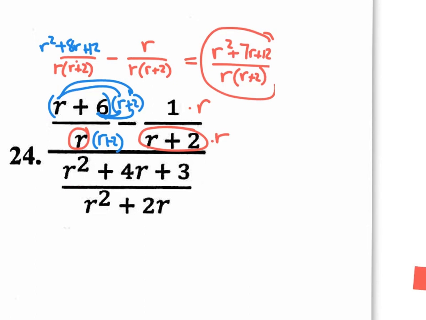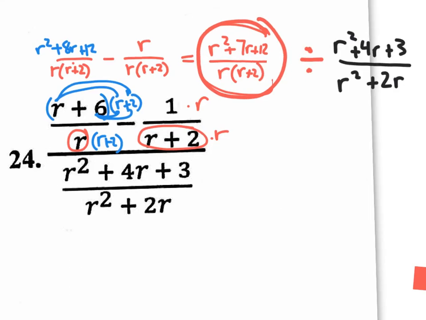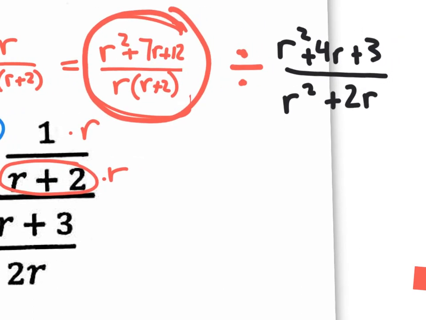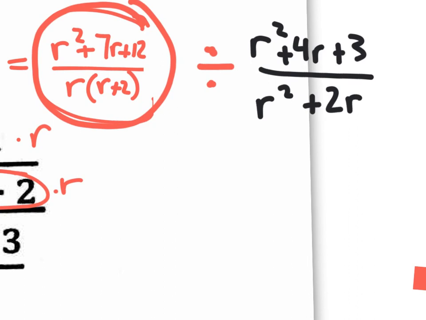So I have the answer up here, and I need to divide it by the below fraction. We got an answer for subtracting the two top fractions, and now I'm going to divide it by the below fraction. So we could focus in on this division problem of those two fractions.